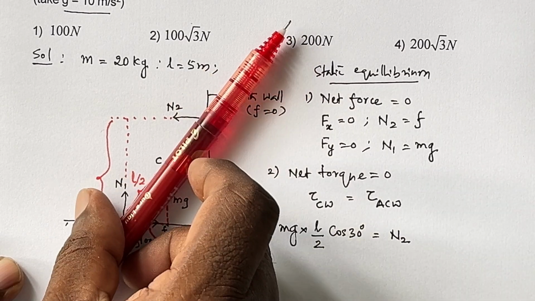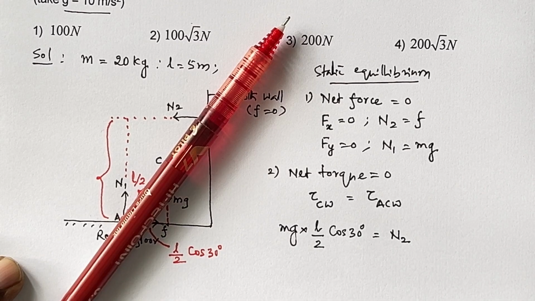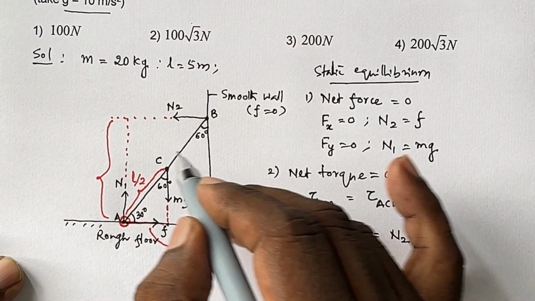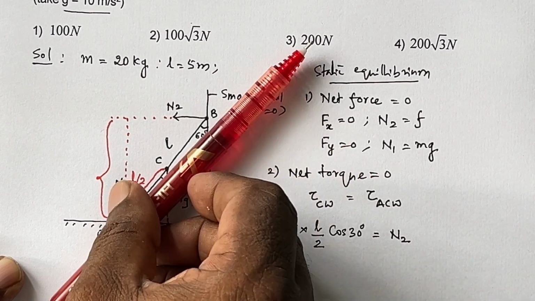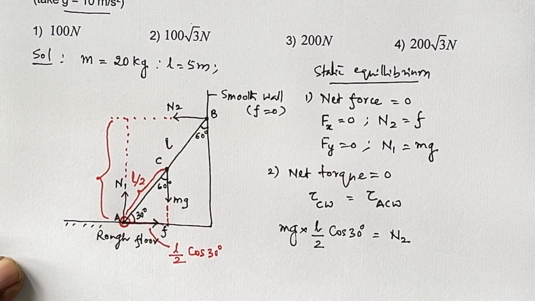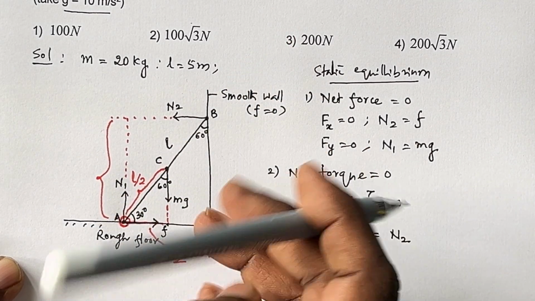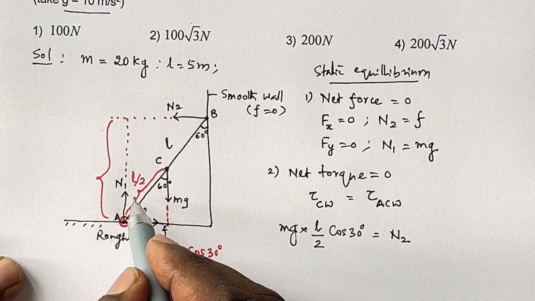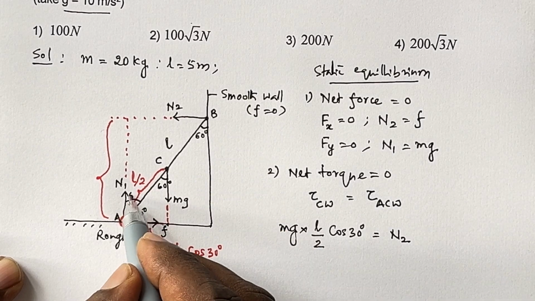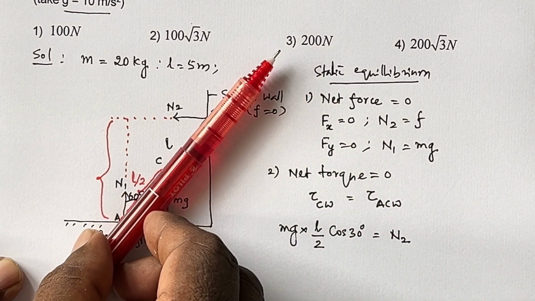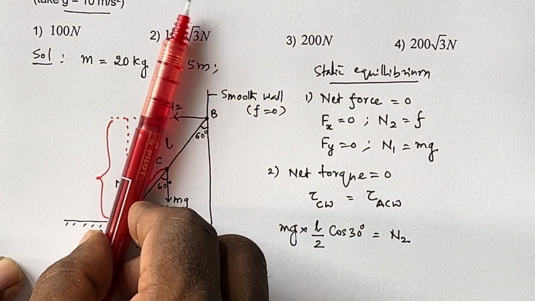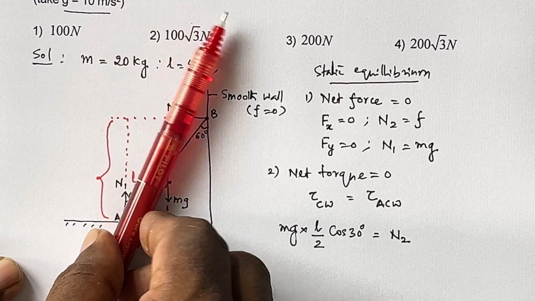The total length of the ladder, the length of the rod, is L. See, this is 60 degrees, so this angle is also 60 degrees. So this is L. This distance is L cos 60.